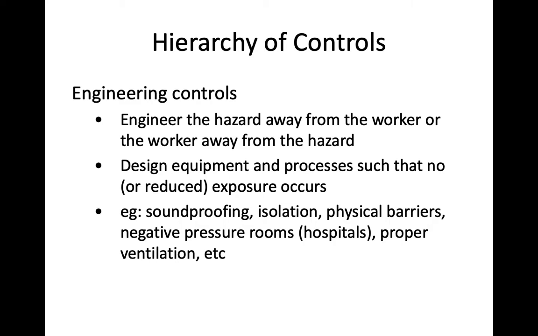The next one is engineering controls. Engineer the hazard away from the worker or the worker from the hazard. Design equipment and processes such that no or reduced exposure occurs. Some examples of this would be soundproofing, isolation, physical barriers, negative pressure rooms in hospitals, proper ventilation.